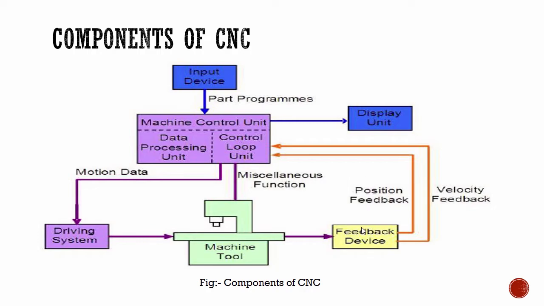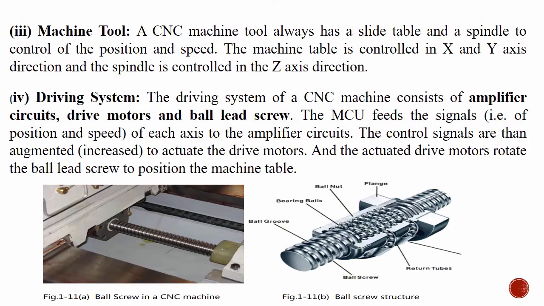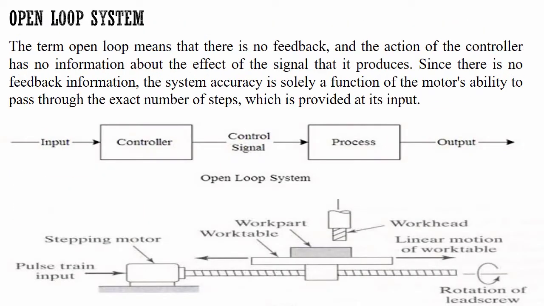So how is this going to be executed in the CNC? Again, we have two types of loop system, that is open loop and closed loop system. In the open loop system, we have an input device, right, that we already discussed, and these inputs are given to the machine control unit.